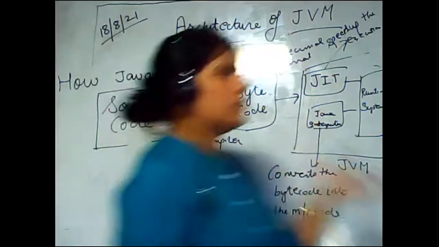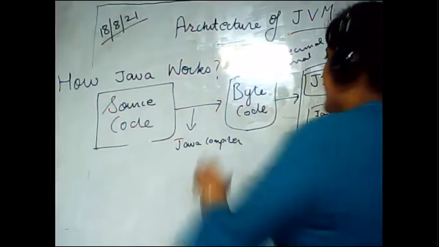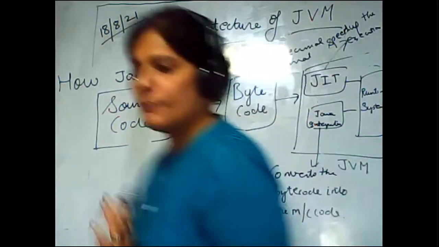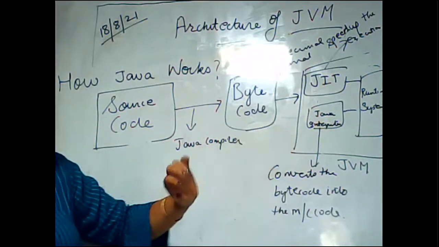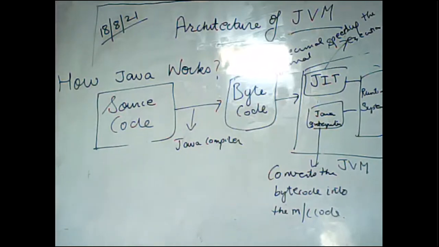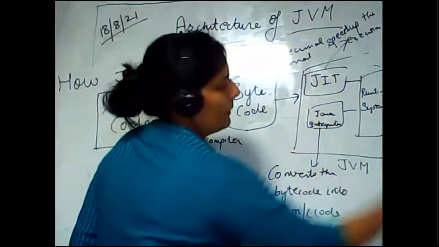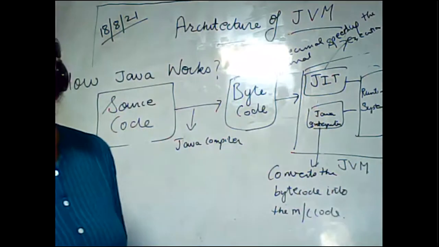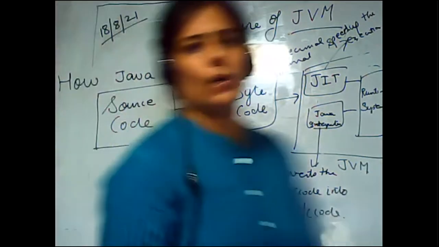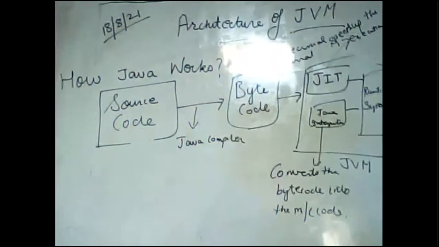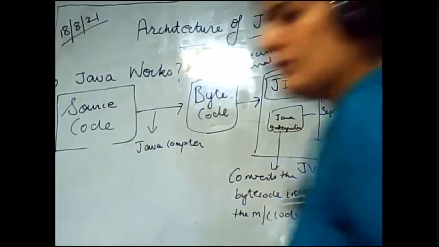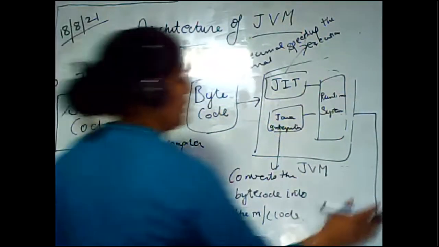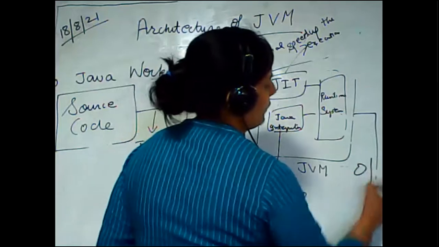Okay, so bytecode is required, not exactly the source code, and it is taken as input to the JVM part. Finally, after all the processing, we get the output of the code. Finally, it will print out the output of the program.